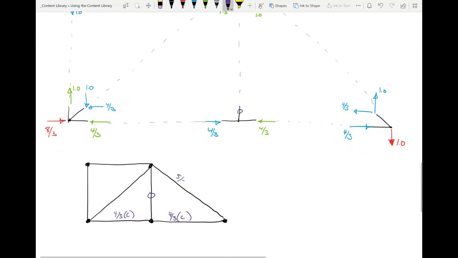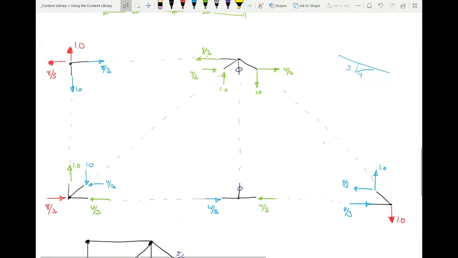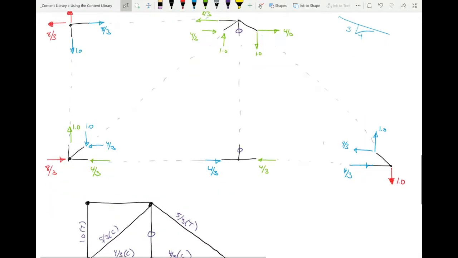This is 5/3, and what is that? That's tension, and this is going to be 5/3 in compression. This is 1 in tension, and this is 8/3 in tension.